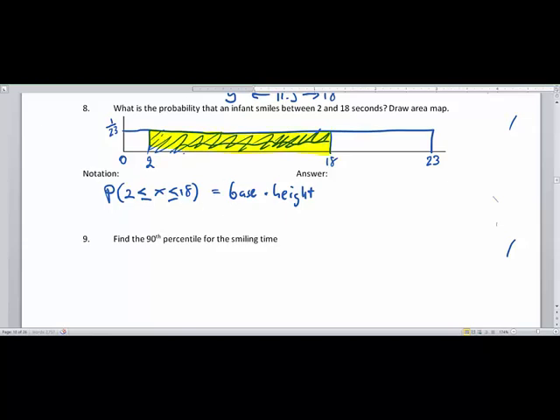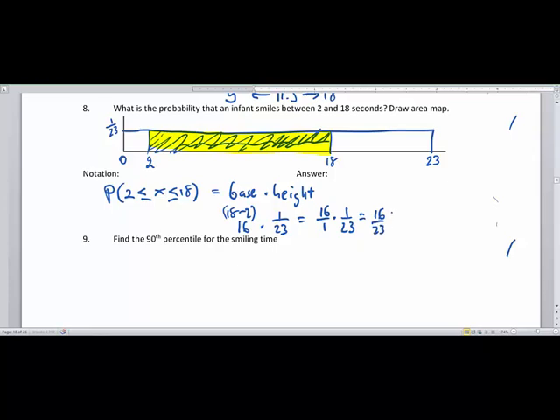The base of this object is between 2 and 18, so we're going to figure out that distance by going maximum minus minimum inside the yellow zone. Some of you could have just known that was 16 units wide, times the height, which is 1/23rd, which gives me 16 23rds, because 16 over 1 times 1 over 23rd is top times top, bottom times bottom, or 16 23rds.